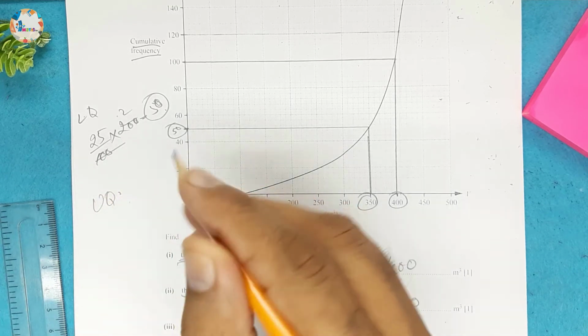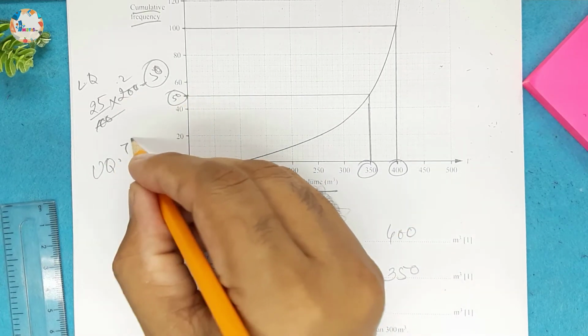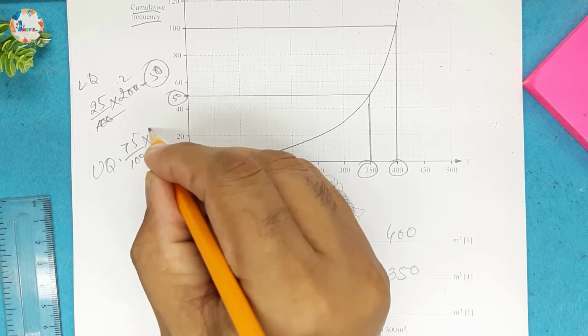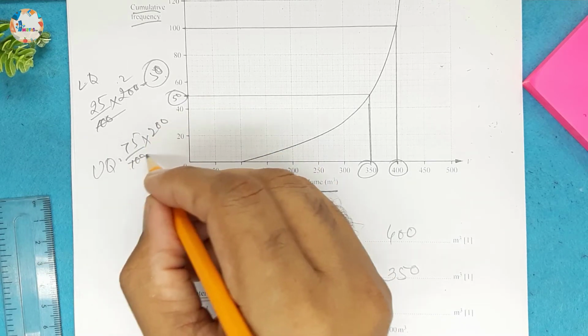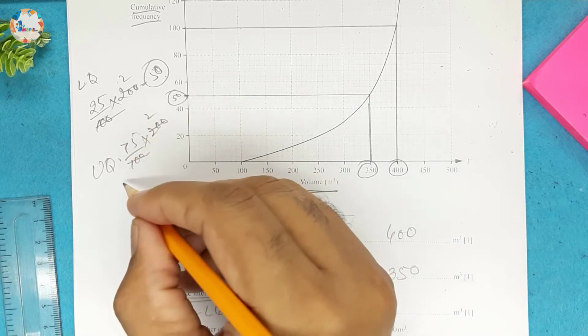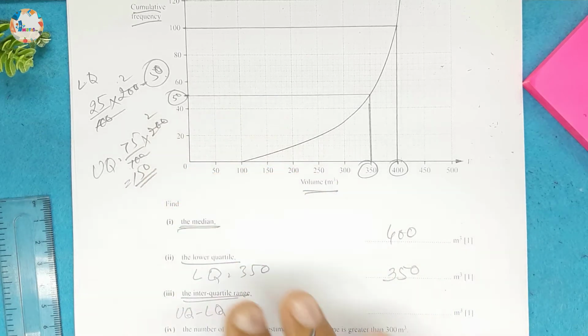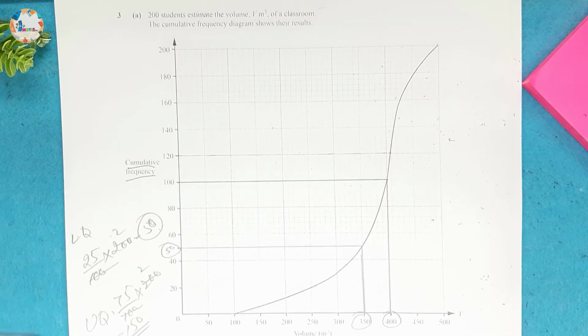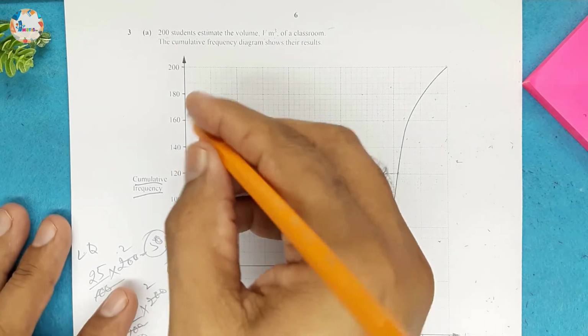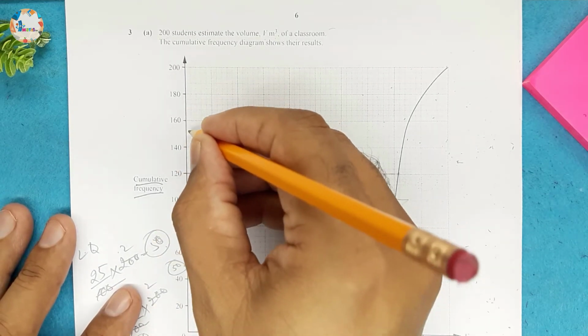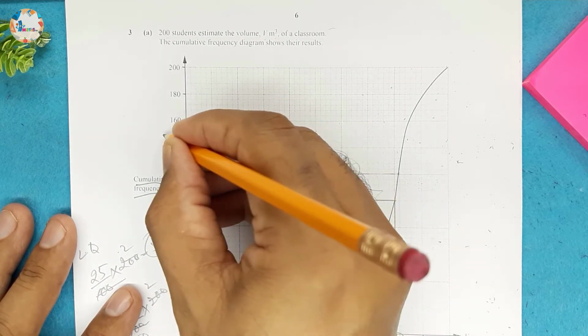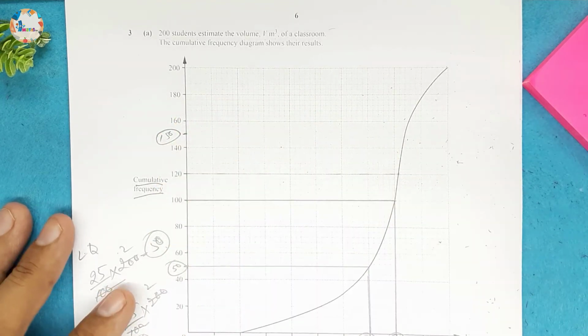Upper quartile will be equal to 75th percentile of 200. So this will be equal to 150. So we'll check for 150. So reference for 150 will be in between 140 and 160. So this one is 150 reference.